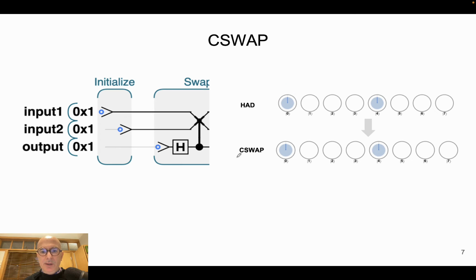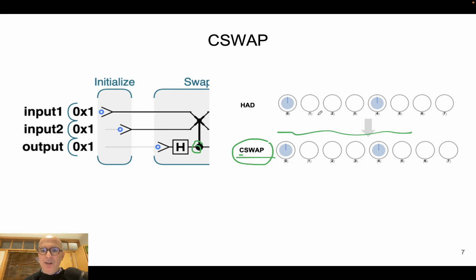The next step is to perform a C-swap. This is a controlled swap, so there's a control on the output quantum register, and the result of this operation is basically nothing. So nothing happened.